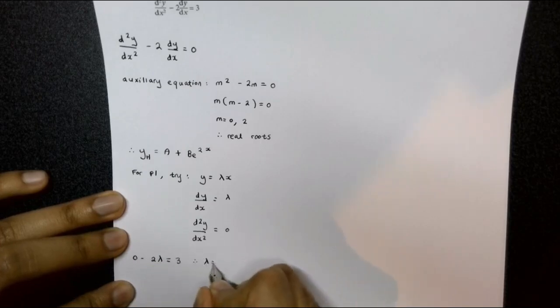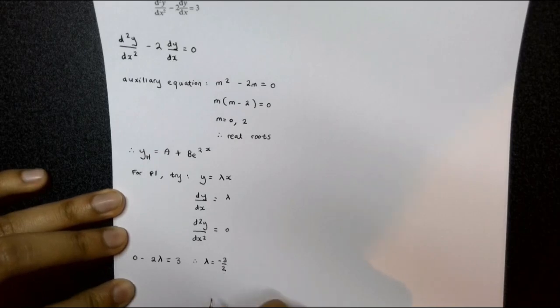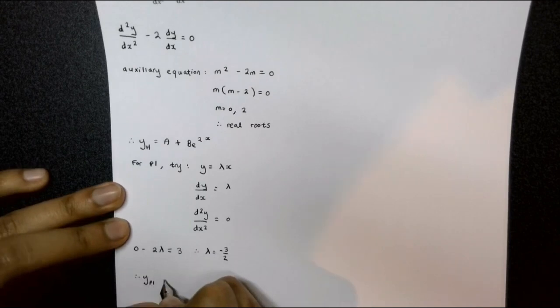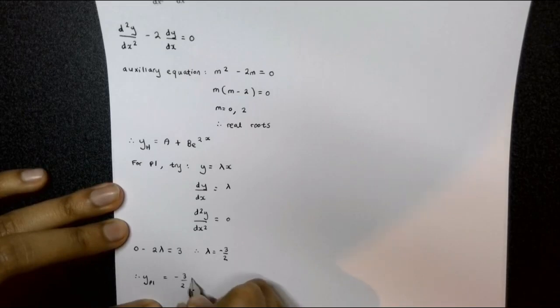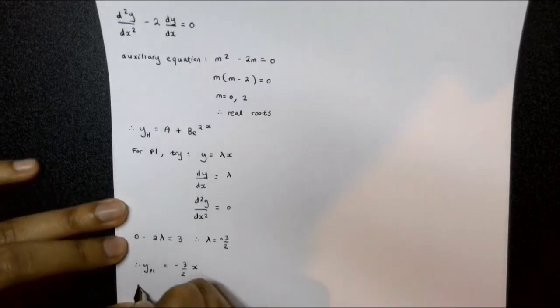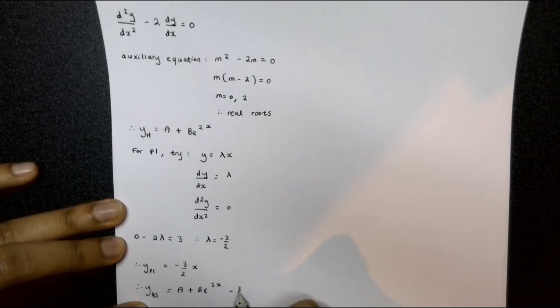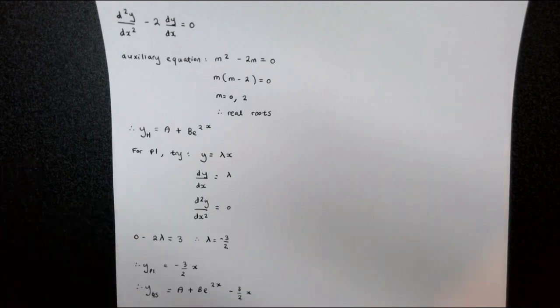So lambda is equal to minus 3 over 2. So for the particular integral, we've got y equaling minus 3 over 2 x. And therefore, for the general solution, we've got a plus b e to the 2x minus 3 over 2 times x. This is our general solution.